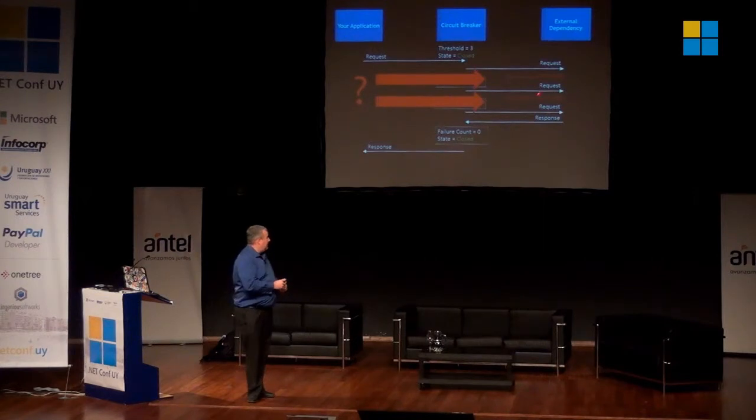What I've done in the different circuit breaker implementations I've built is I treat these as what I call silent exceptions. Because they're exceptions that happen, but they don't make any noise as far as breaking the application like a normal exception would.